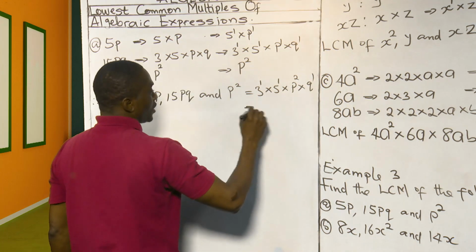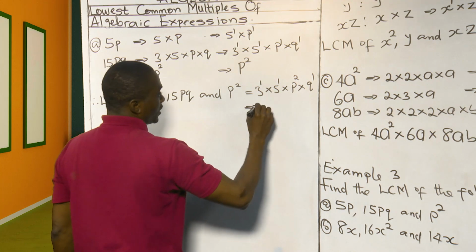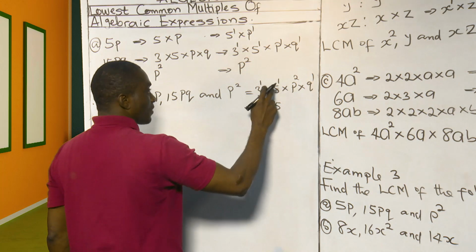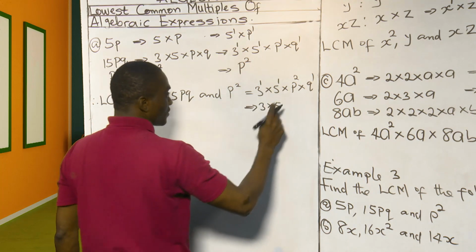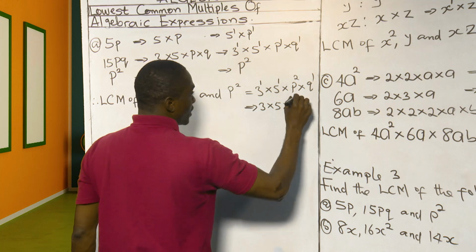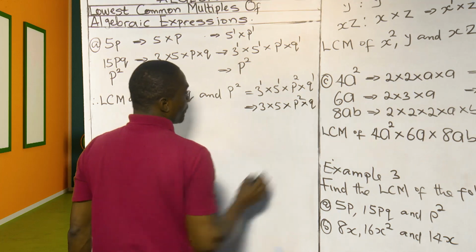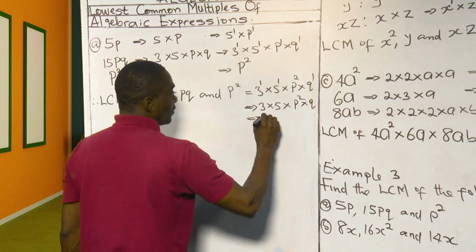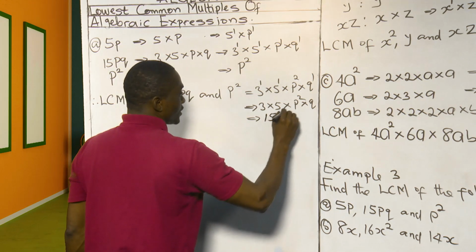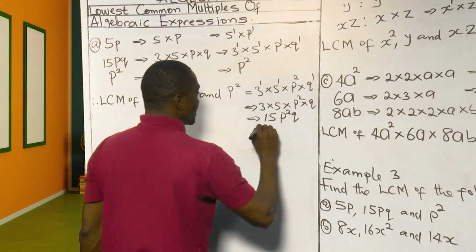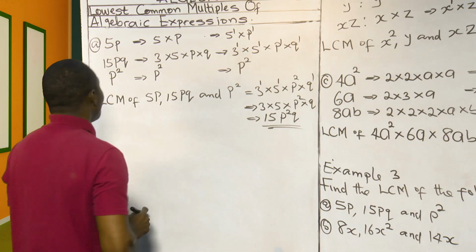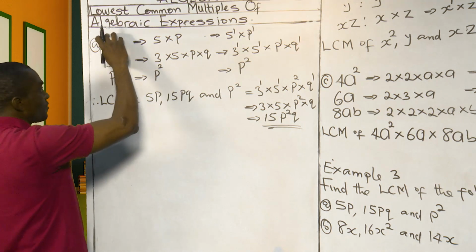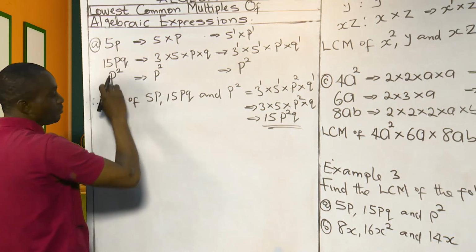And this will be 3 raised to power 1 is 3, 5 raised to power 1 is 5, and this is p squared multiplied by q. So the product of all will be 15p squared q. That is that. All right, so 15p squared q is the LCM of 5p, 15pq, and p squared.